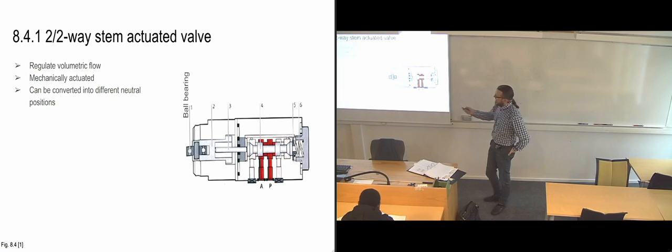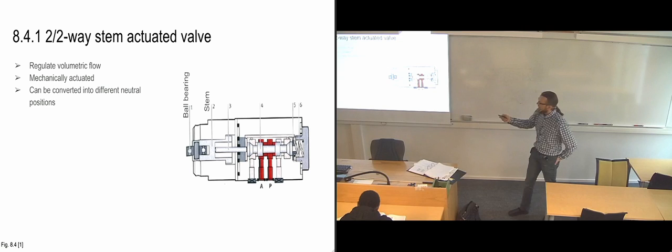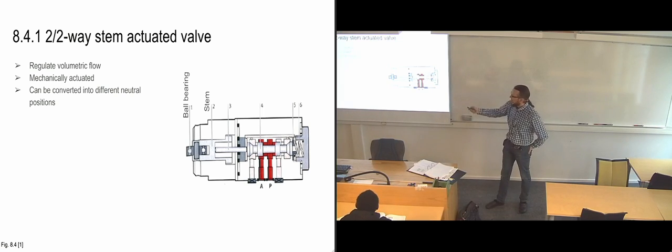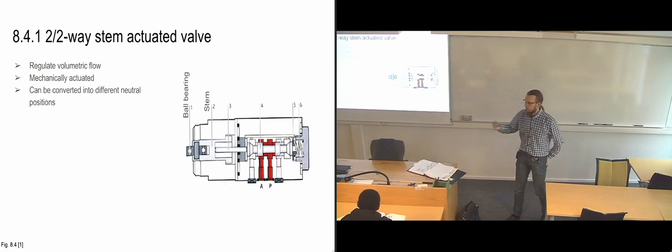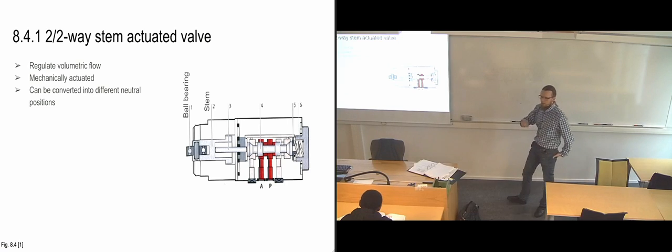So this one has a roller at the end because it has a ball bearing. So why they are calling it stem actuated in this case, I'm not quite sure. They're calling this part in here, that's the stem. So you could have had the stem just going all the way out and be activated linearly. But in this case, they've put a ball bearing on the end so that they have a roller instead.